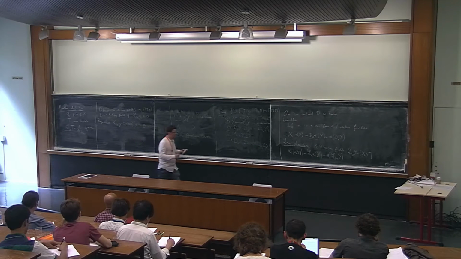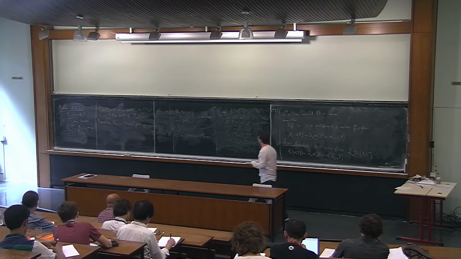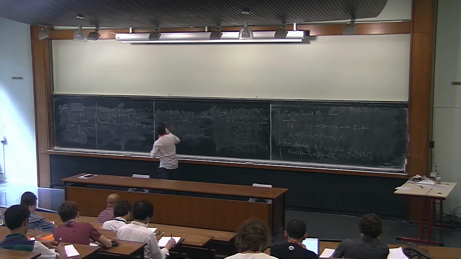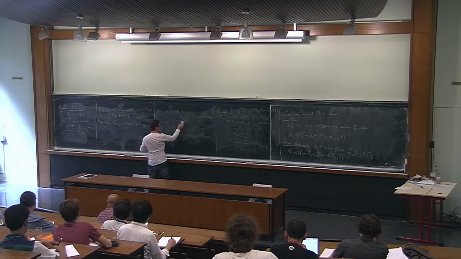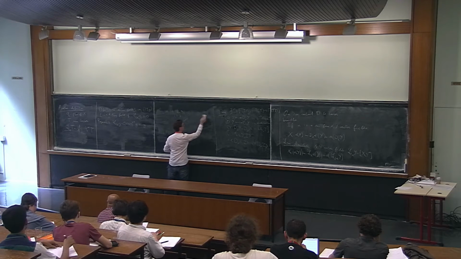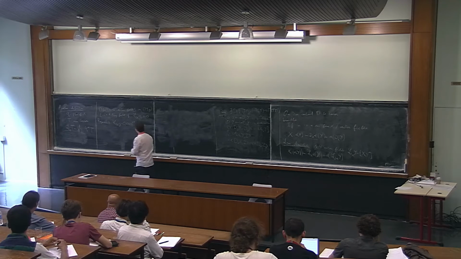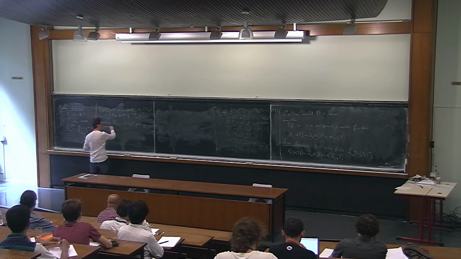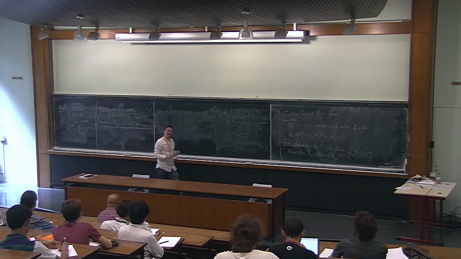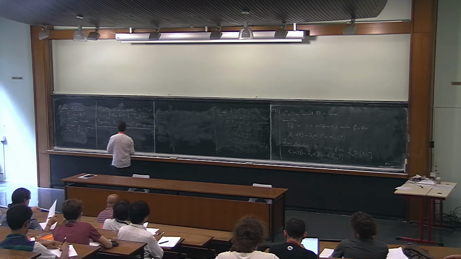Okay, so for now it was just calculus, basically. So we'll get back to calculus because the topic of my lecture is geometric analysis, so there's some calculus involved. But maybe let's do a little bit of geometry first. So it was differentiating tensors.